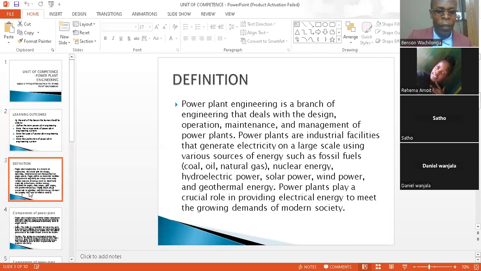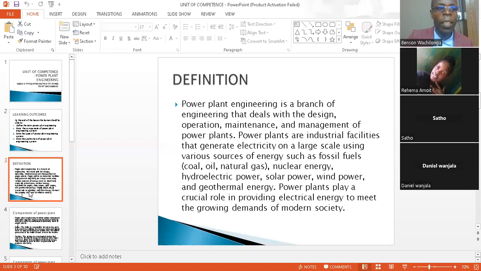Power plant engineering is a branch of engineering that deals with the design, operation, and maintenance of the power plant. Power plants are industrial facilities that generate electricity on a large scale using various sources of energy such as fossil fuels, coal, oil, and gases, nuclear energy, hydroelectric power, solar power, wind power, and geothermal energy.